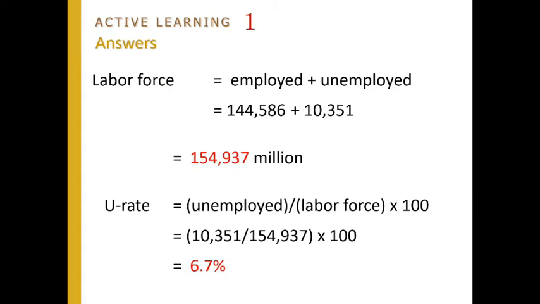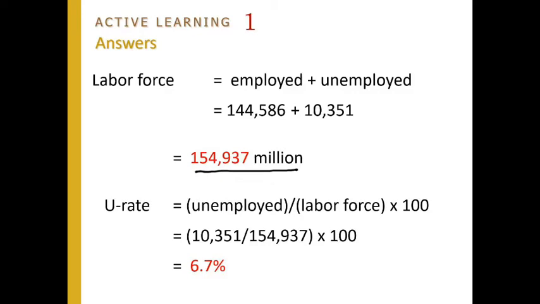First of all, we just got the data from the table. The civilian labor force, once again, is employed plus unemployed. And the total number of people in the civilian labor force is 154.9 million people. What is the unemployment rate?